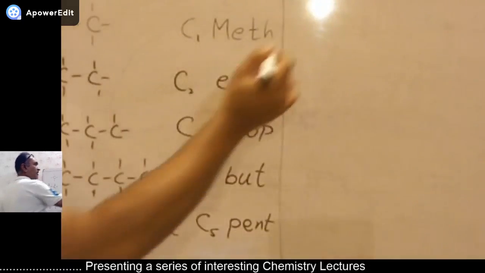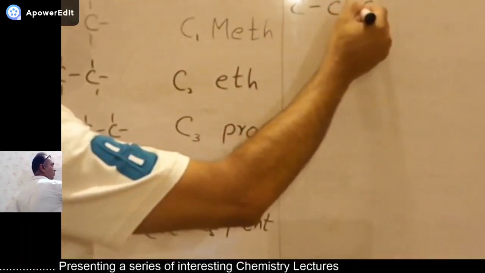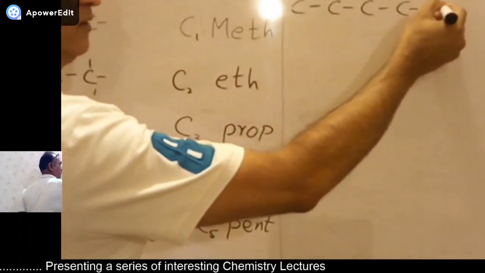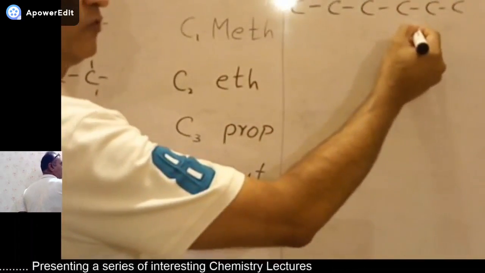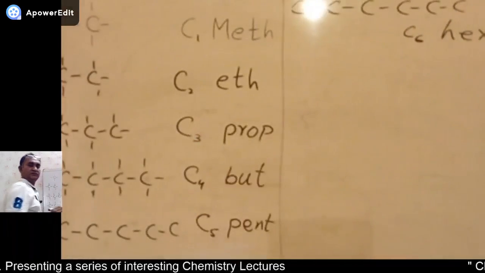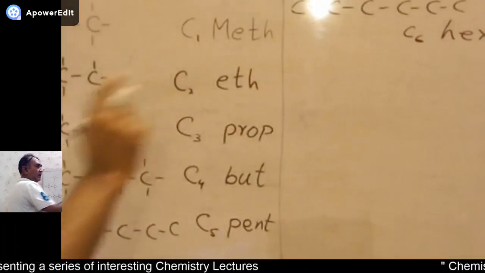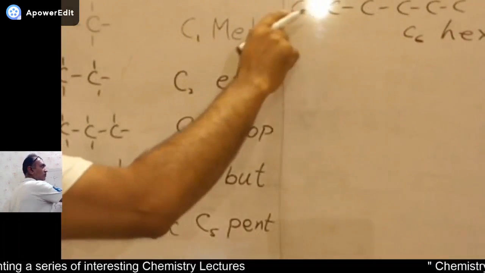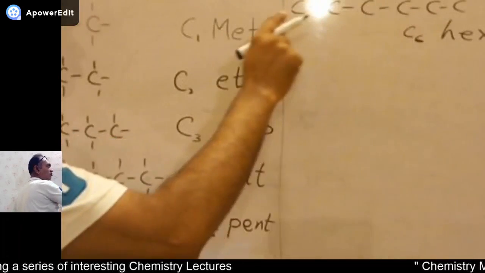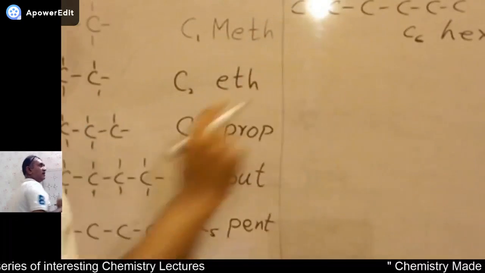If we have six carbons in a compound, 1, 2, 3, 4, 5, 6, its short form is C6, we call it hex. This is a skeletal form; I am not bothering to fulfill the valencies, but to show the carbons which are connecting with each other.